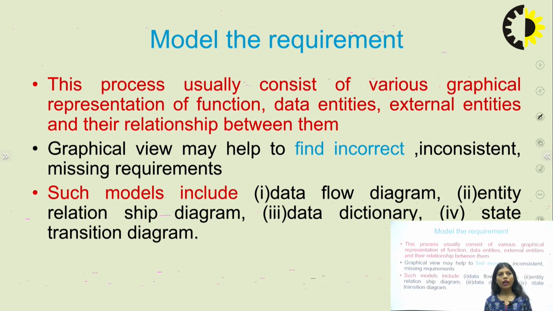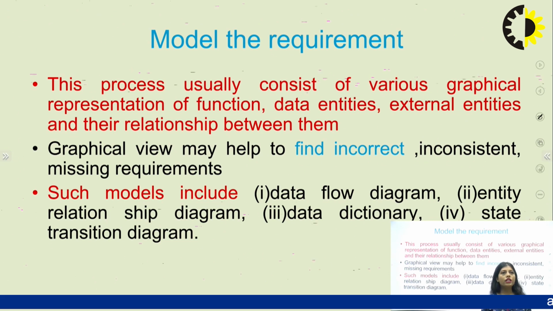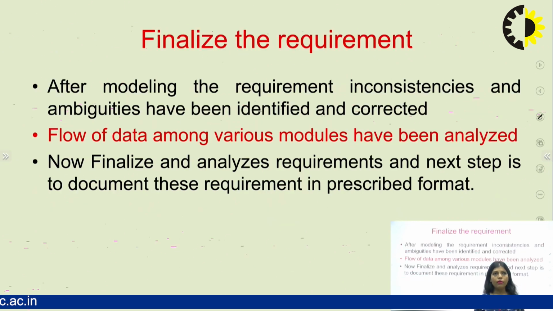After the prototype, this process usually consists of various graphical representations of functions, data entities, external entities, and the relationships between them. Such models include DFD (data flow diagram), ER diagram (entity relationship diagram), data dictionaries, and state transition diagram. All these models come under model the requirement.